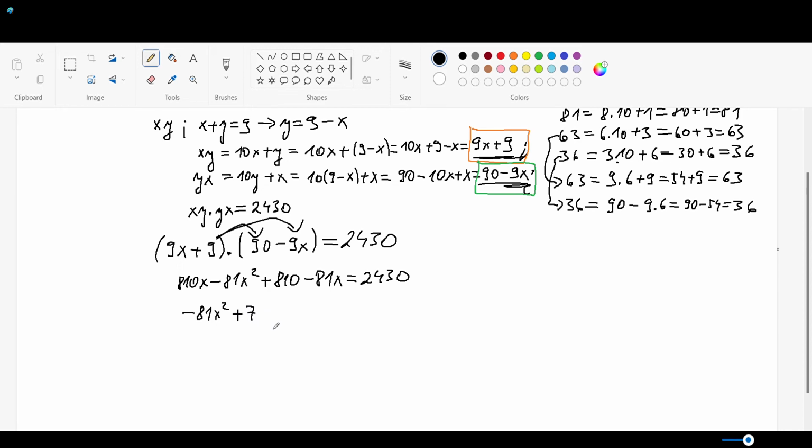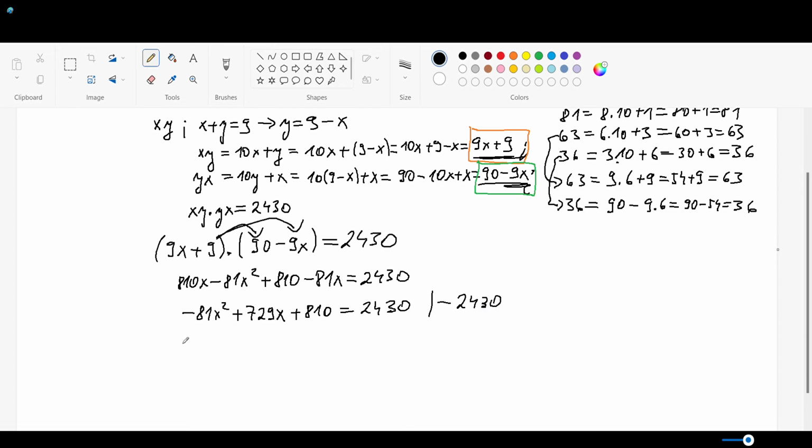So 700, and it's like 70, so I think it's 729x, plus 1 is 730, plus 80 is, yes, 810, so it's correct, and the rest is 810 equals to, everything is, yeah, here is negative, here it's positive, okay, 2430.